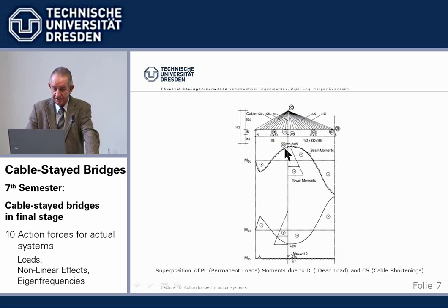And if I superimpose the dead load on the elastic system plus the cable shortenings, I come to the moments of the beam on rigid supports, because that's what I have defined. I define this as a result, and from this and this I calculate a set of cable shortenings to achieve that. Every cable stayed bridge is designed in such way.